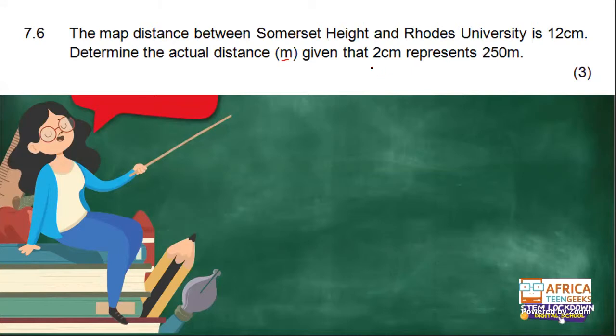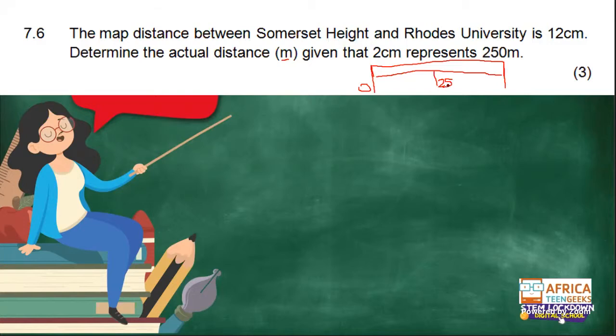In fact, they'll usually give you a bar scale. They'll give you something like this. You don't need to go to the map for this one. They give you a bar, maybe like this, and then they say this is maybe 0 to 50.